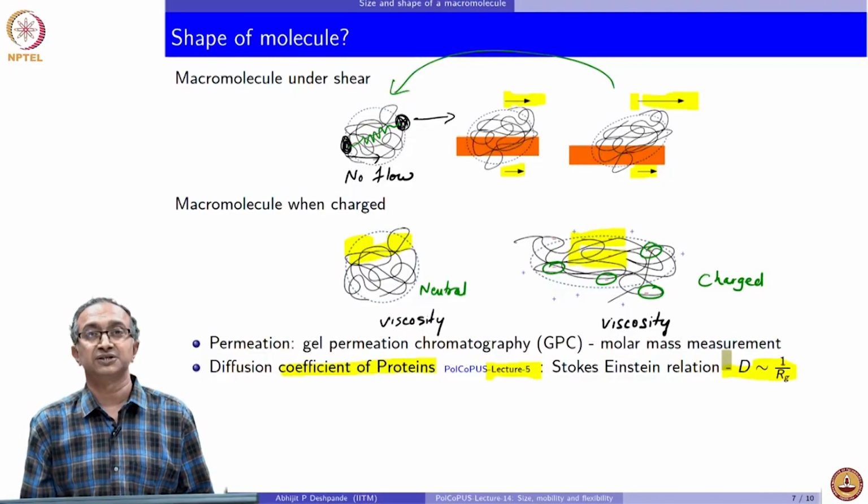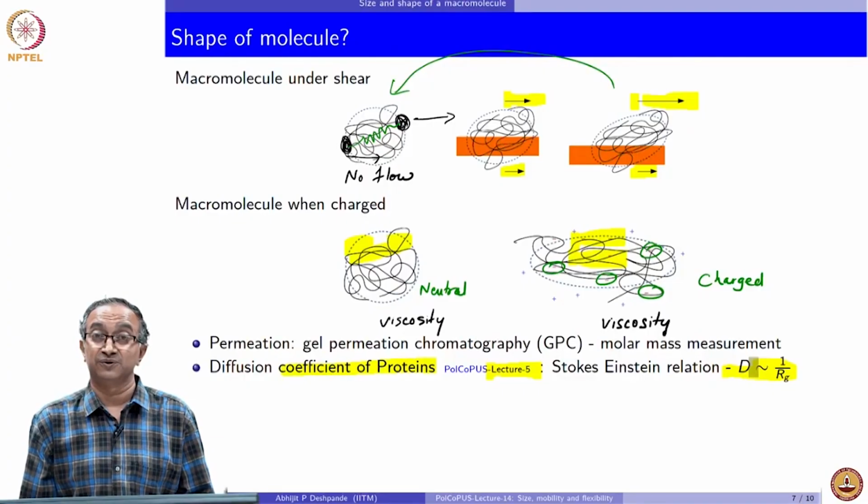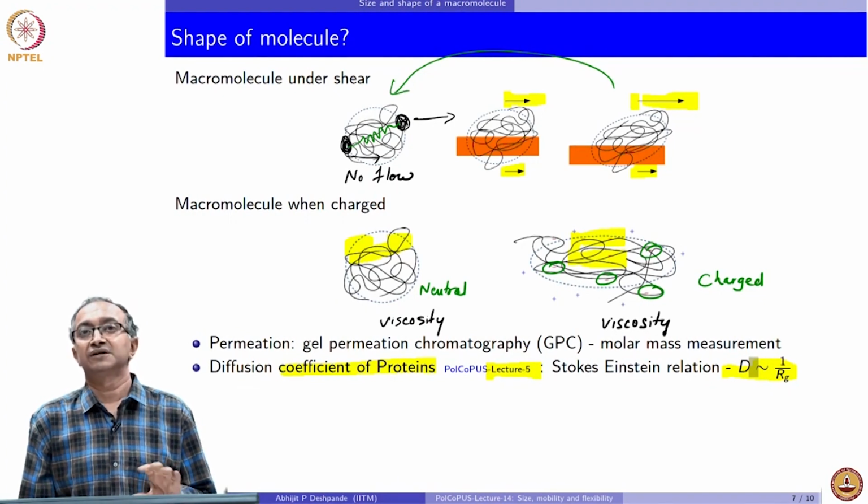A simple relation to describe that is the Stokes-Einstein relationship. Based on this, you can see that the diffusion coefficient of a polymer will be related to molar mass because radius of gyration is dependent on it. You can go back 1 or 2 slides, 5 minutes before, and then answer the following question: how does the diffusion coefficient of an ideal chain vary with molar mass of the macromolecule?